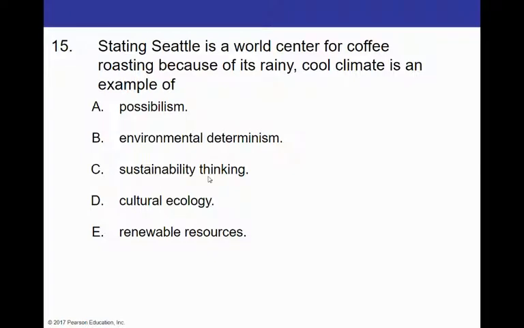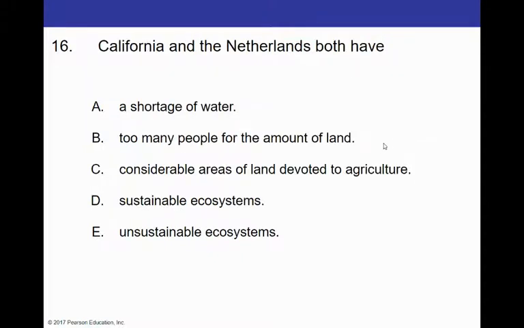Sustainability thinking, again, we're using the resource. It doesn't really have to do with sustainability. You should have got down between culture ecology, possibilism, and environmental determinism. The correct answer here is environmental determinism because the environment is key for the coffee roasting. The environment determines that it's good for coffee, so that's why they are a world center.